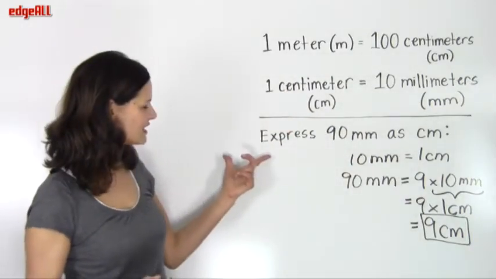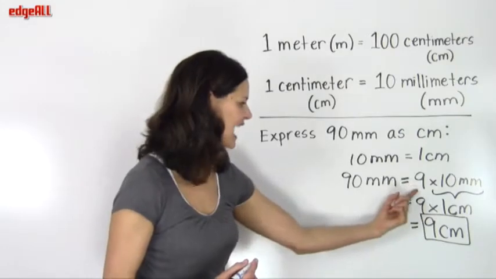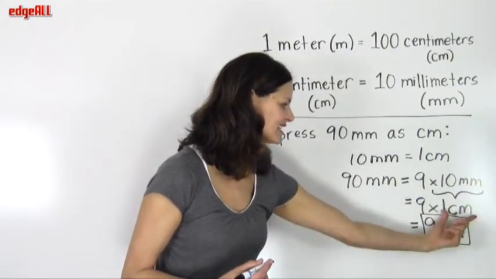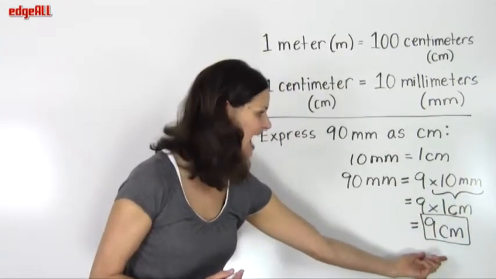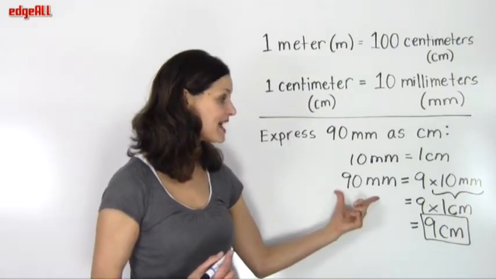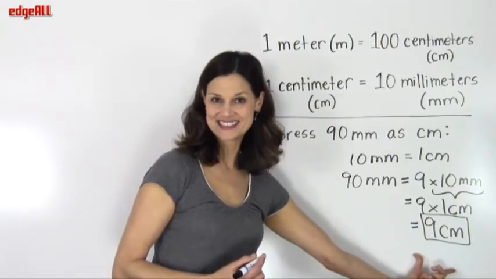And so I've expressed 90 millimeters by breaking it down to 9 times 10 millimeters and substituting 1 centimeter for 10 millimeters and converting to 9 centimeters. So 90 millimeters measures the same distance as 9 centimeters.